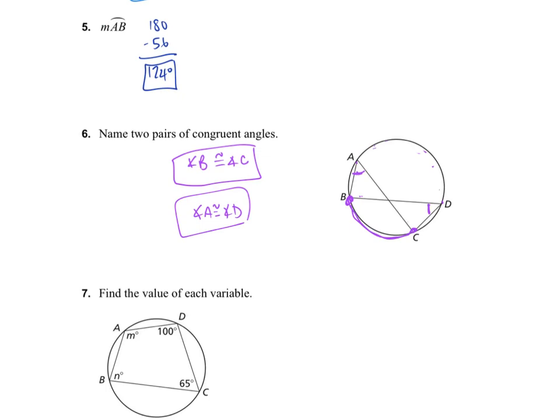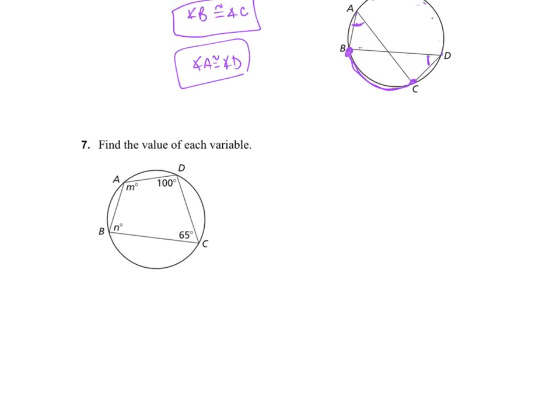All right, let's take a look at the next question. This is the last one here, and it says, find the value of each variable. Well, we know that this quadrilateral inside will add up to be 360, obviously, but we also know the theorem where these angles are supplementary.